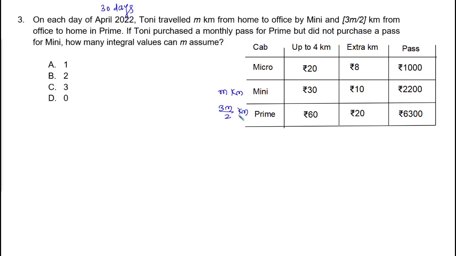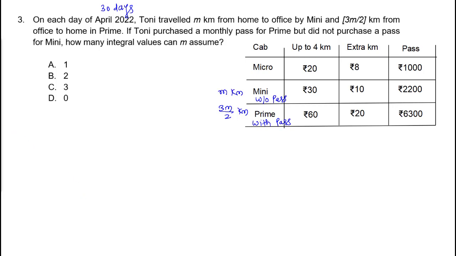If Tony purchased a monthly pass for Prime but did not purchase a pass for Mini, so for Mini it is without pass, for Prime it is with pass, then how many integral values m can take, everyone?